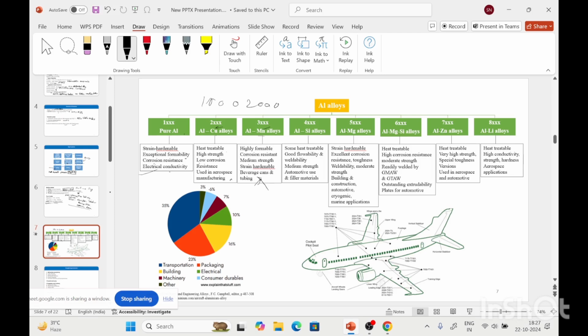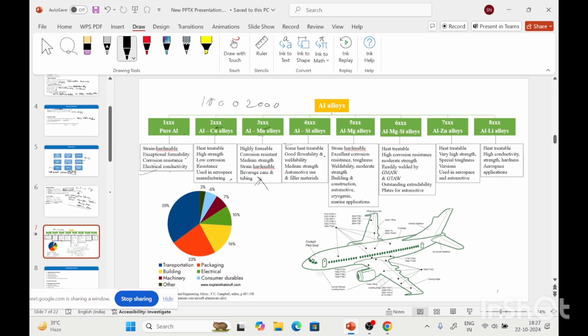And the next is the 4000 series alloy, which is an aluminum silicon alloy. Some of them are heat treatable, but some of them are non-heat treatable. It has good flowability and weldability.